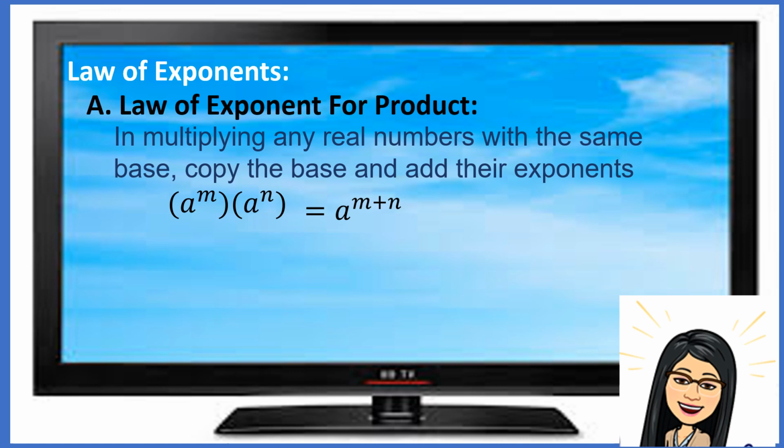Now let us have some examples. If x cubed is multiplied to x raised to 7, let us copy x as the common base and add exponents 3 plus 7, which is 10. So, x raised to 10. This is the simplest form.